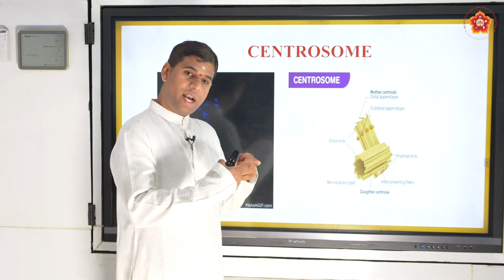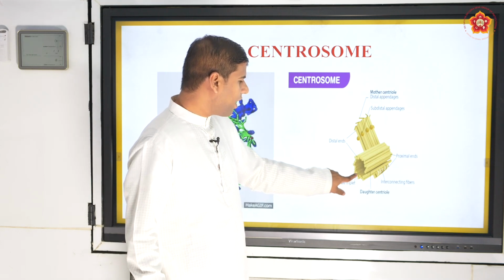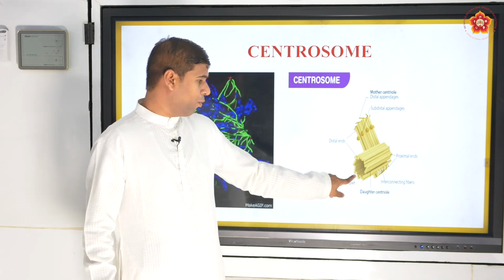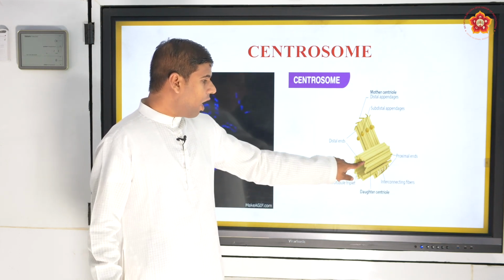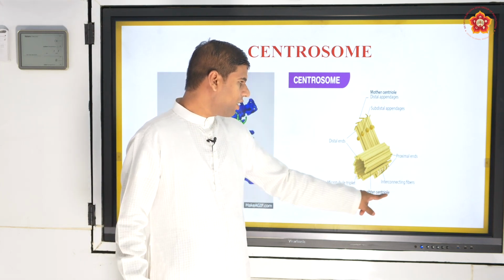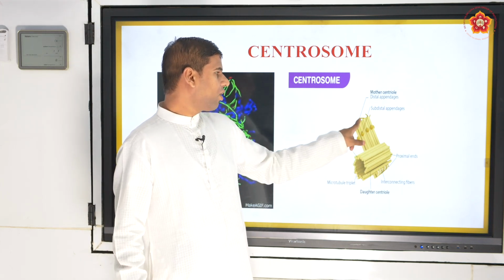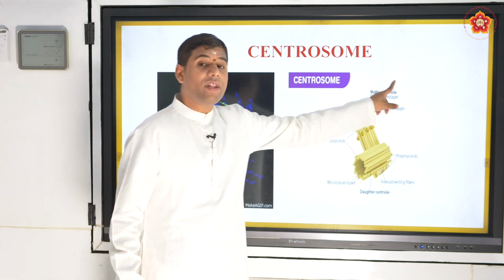These are the microtubule triplets, meaning three microtubules clubbed together. This is the daughter centriole and this is the mother centriole, and from here it forms. This is how the centrosome looks.